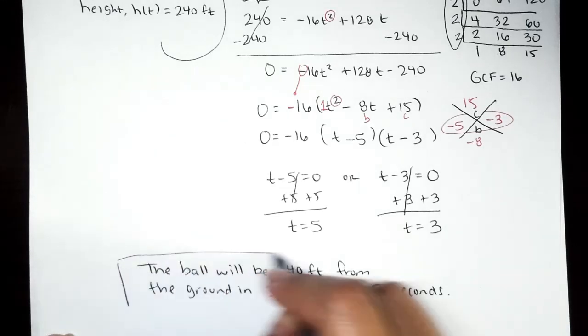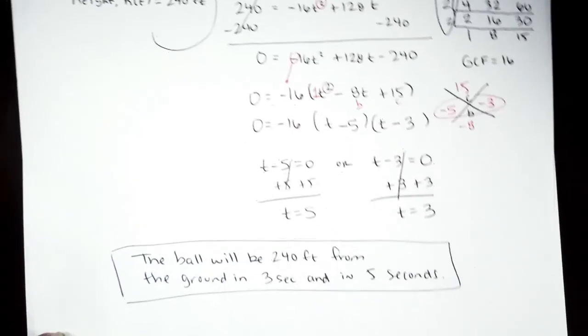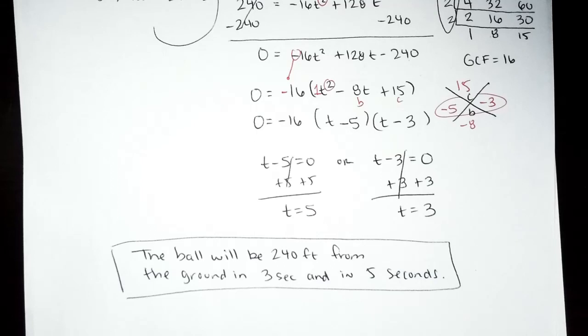Okay. So the ball will be 240 feet from the ground in 3 seconds and also in 5 seconds. So phrase your sentence however you like. Just make sure you include a 3 and a 5 and include the units.